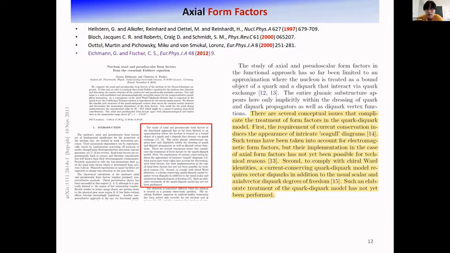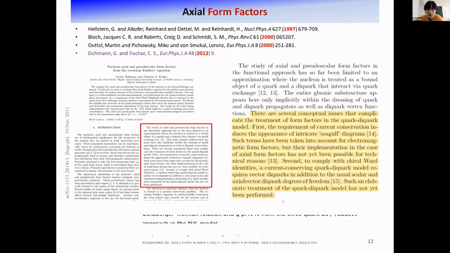Second, to comply with the chiral Ward identities, a current-conserving quark-diquark model requires vector diquarks in addition to the usual scalar and axial diquarks. Such an elaborate treatment of the quark-diquark model has not yet been performed.